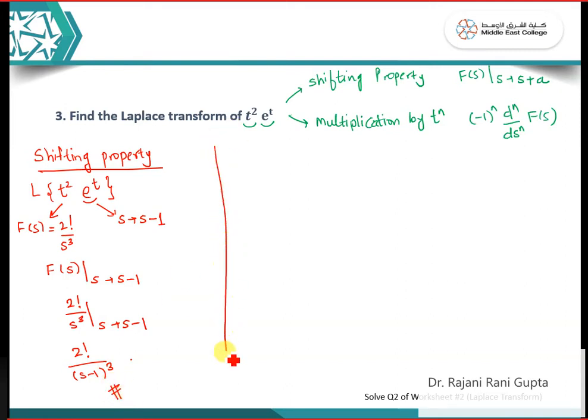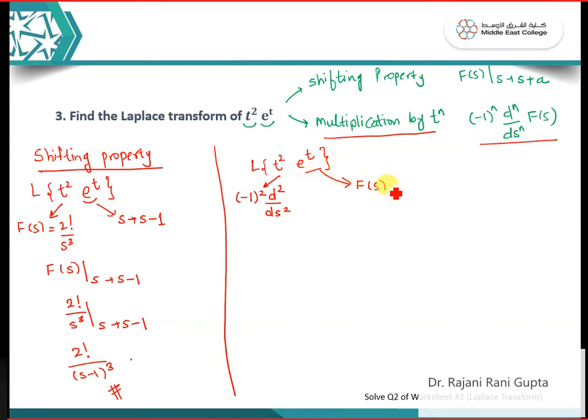On the other hand, when you use the rule, multiplication by t power n, you will be using that rule. So it will be like this. t power n, so this means (minus 1) power 2 d2 by ds square of F(s), which is 1 over s minus 1.